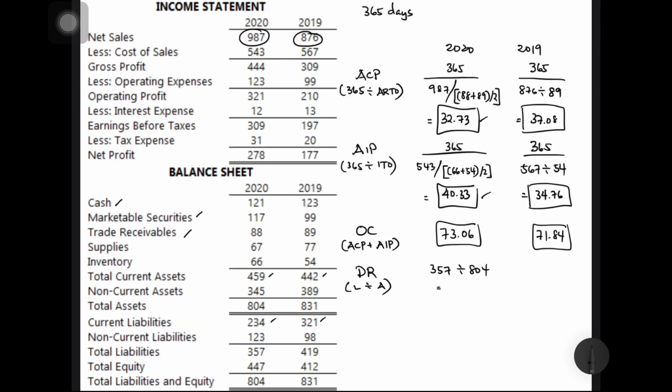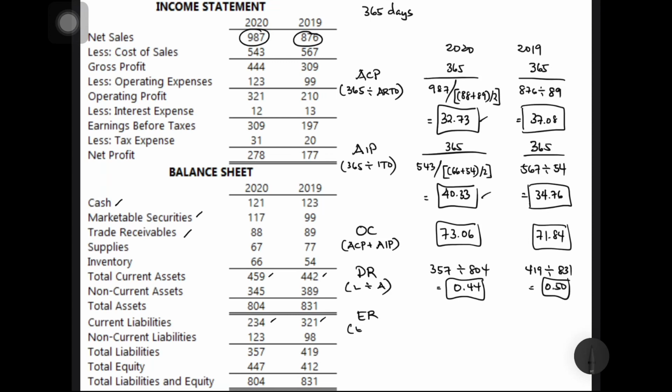Answer is 0.44. And then for 2019, total liabilities 419 divided by your assets that year, 831. Answer is 0.50 or 50%.